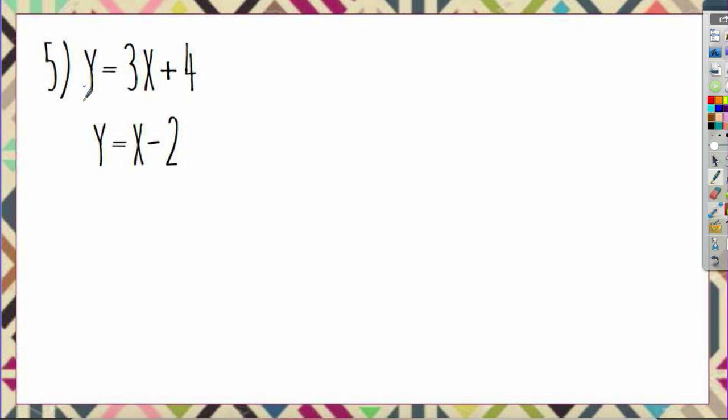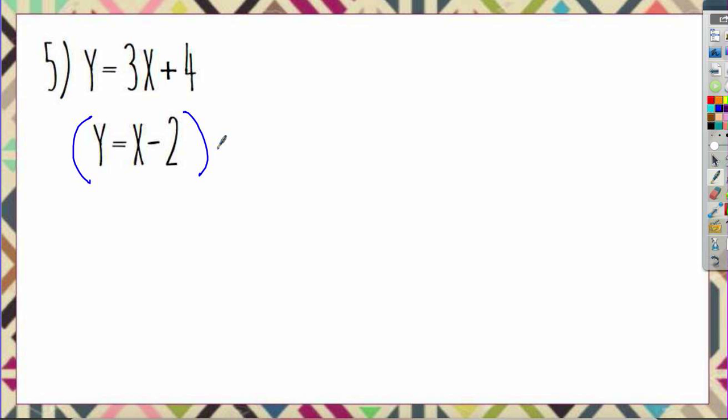I can either make the y's cancel by making one of them negative, or I can make the x's cancel by changing this to have a -3 coefficient, so they'll cancel. The easier route is just going to be to make the y's cancel out. So if this one needs to be changed negative, I need to multiply by -1. Or if this one is the one I choose to change, I'll multiply by -1. Doesn't matter. This time I'll choose the bottom one, just because last time I did the top one.